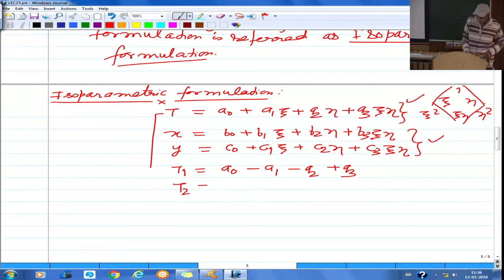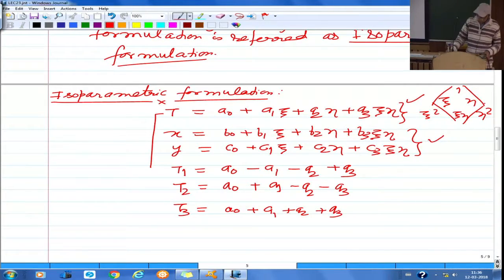Then T2 is the value of T at node 2, where xi is +1 and eta is -1. So this becomes a0 + a1 - a2 - a3, because your eta is -1. Then T3: xi and eta are both positive, so a0 + a1 + a2 + a3.